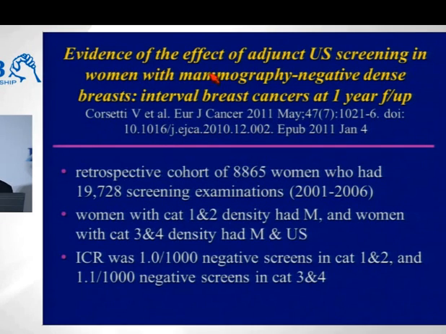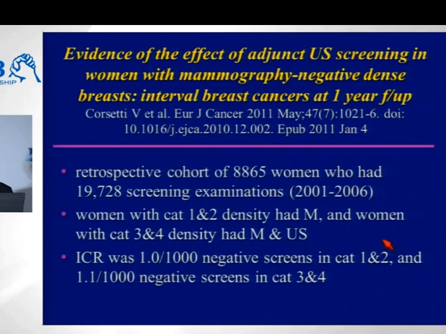They looked at whether finding these cancers on ultrasound would indeed decrease the interval cancer rate later. And they did a retrospective cohort. They had done a large multi-center trial of automated whole breast ultrasound. And the women who had breast density category 1 and 2 were not offered whole breast ultrasound, but women with dense breast tissue category 3 and 4 were. And the interval cancer rate was almost identical.